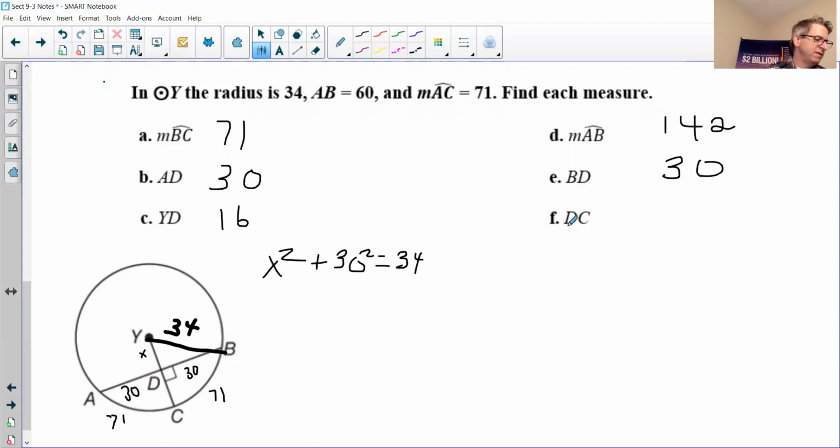And segment DC, okay, we found this x to be 16. So if our radius is 34, 34 minus 16 is going to be 18, and that would be DC.